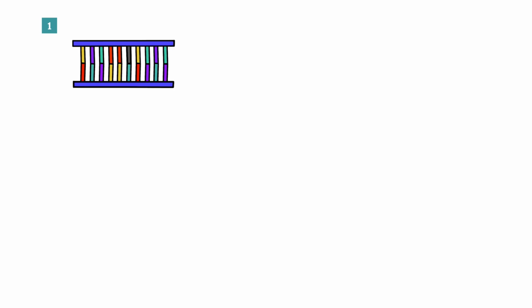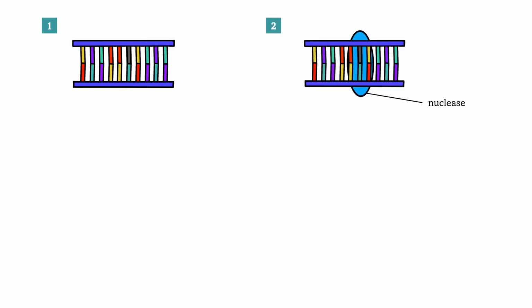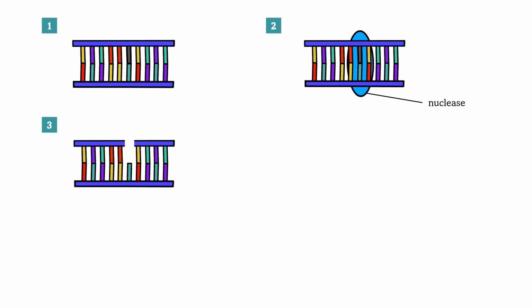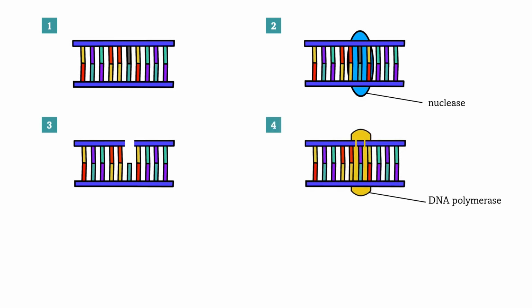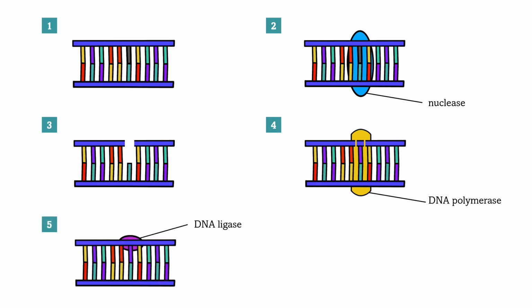This is usually done by enzymes called nucleases, which cleave the phosphodiester bonds between the sugar and the phosphate group so that the damaged nucleotides can be removed. DNA polymerase then fills the gap by synthesizing new complementary nucleotides using the other undamaged strand as a template. Finally, DNA ligase joins the newly synthesized part of the strand with the original one.